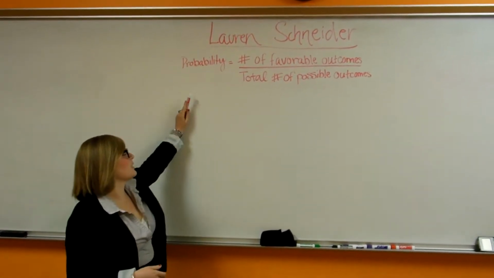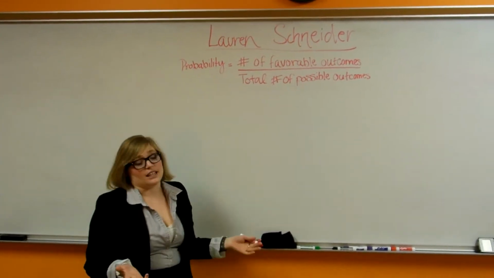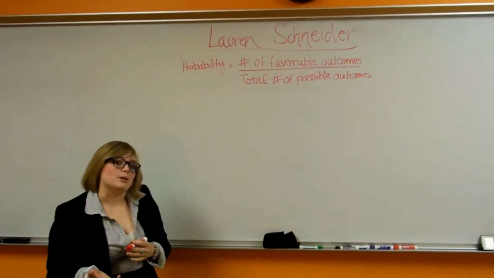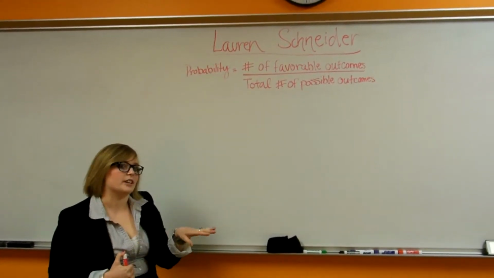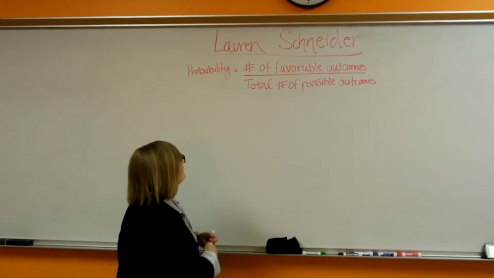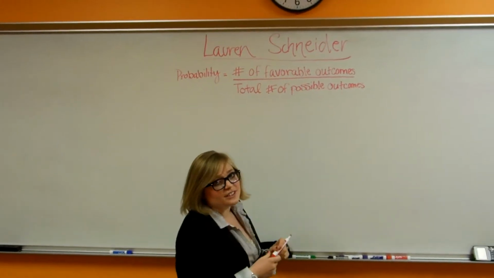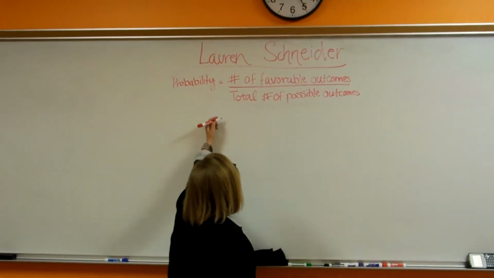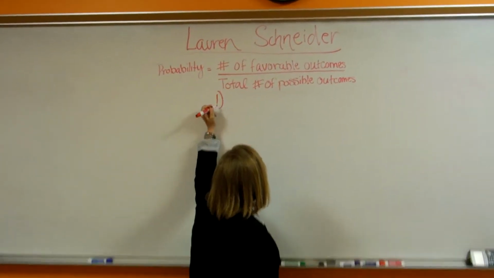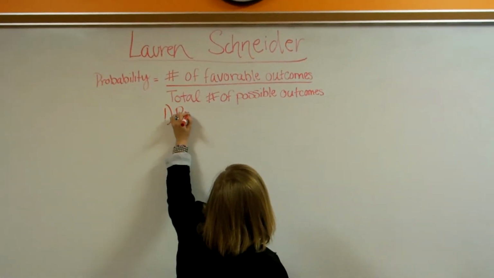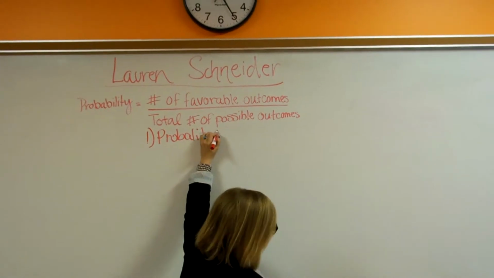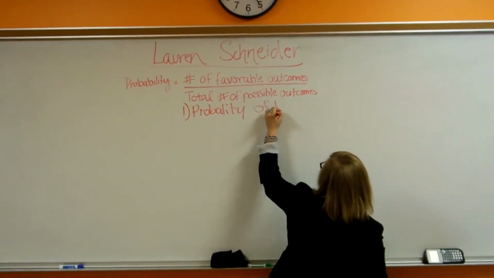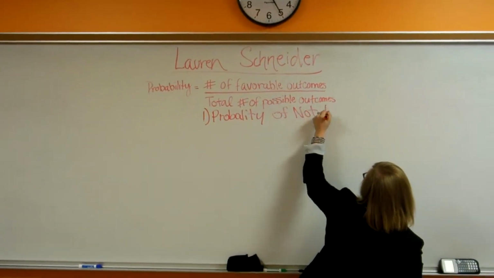And today, to put this into effect, we're going to go over birthdays. If I were to have three people, the likelihood of two of them sharing a birthday. To do this, we have to do 3 steps. One would be to find the probability of this not happening, so not having a birthday match.